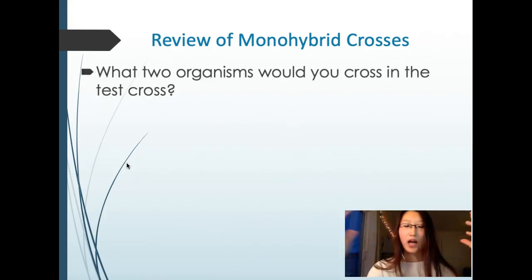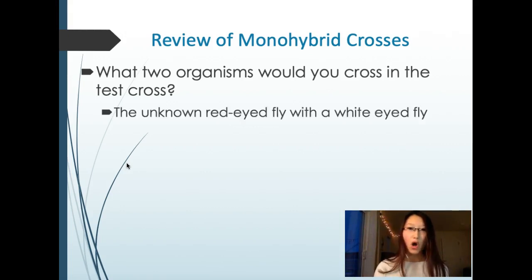Here's the magic of a test cross. You cross two organisms during a test cross, just like any kind of cross, but there's something special about these two organisms. It will always involve an unknown red-eyed, so an unknown dominant, individual with a homozygous recessive individual.